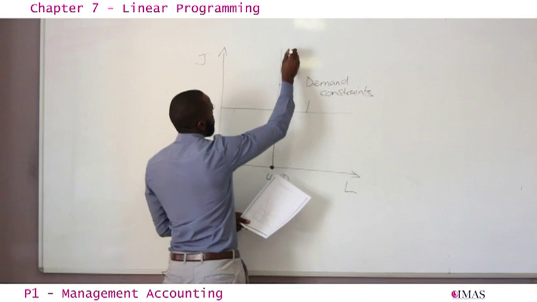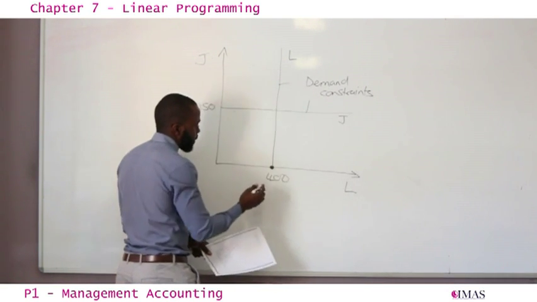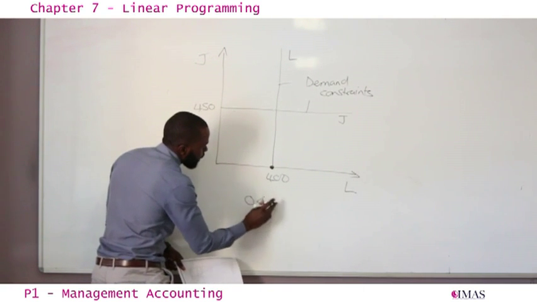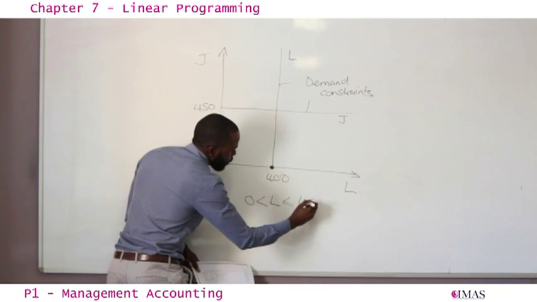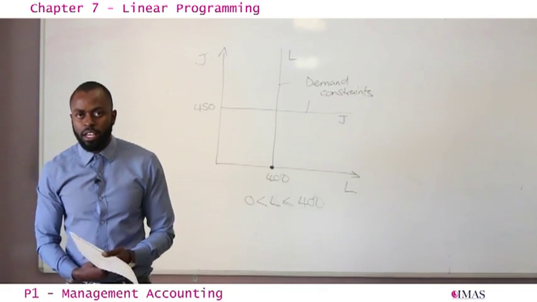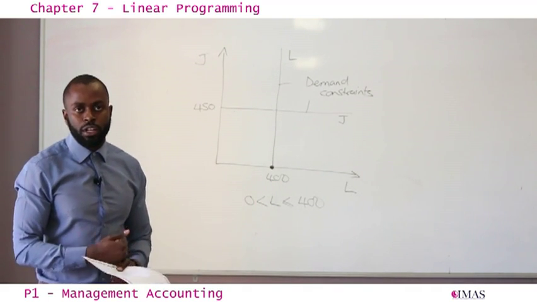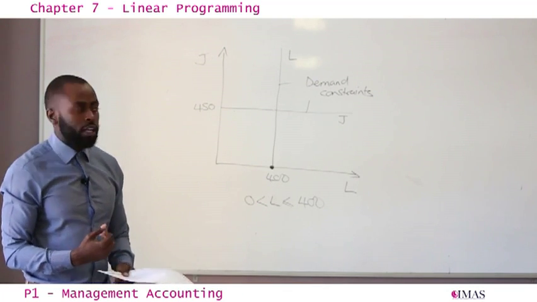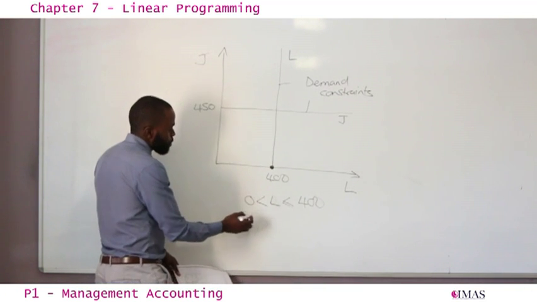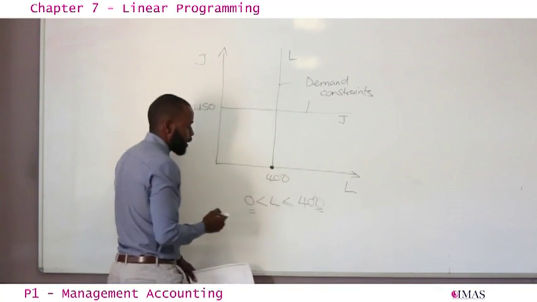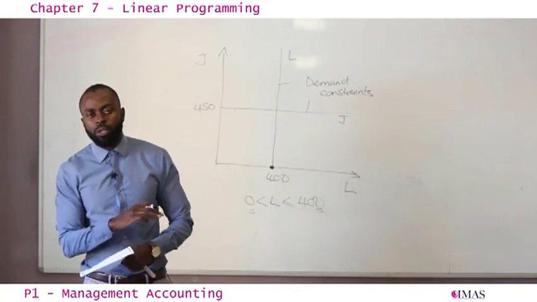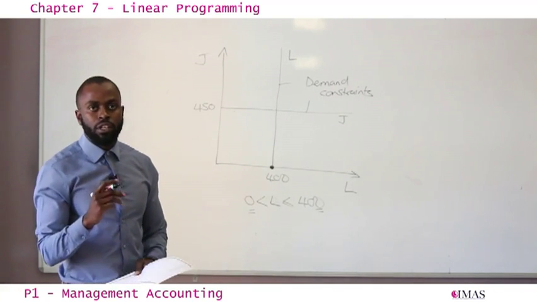So this line should have been labeled L, this line should have been labeled J. What this indicates is that for L, we cannot make more than 400 units because we only have demand up to 400 units. It wouldn't make any sense. If you know your demand with certainty, to produce units that are more than your demand, no one is going to buy them. So our demand constraint here is that we should produce units between 0 and 400. We cannot produce negative units. That's always a non-negativity constraint. Whichever question we do, we always have the non-negativity constraint.